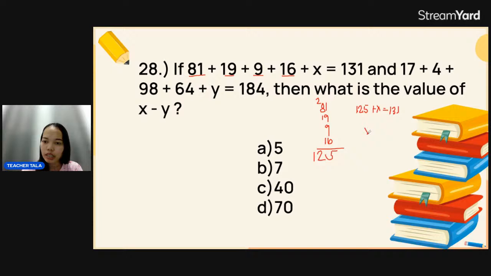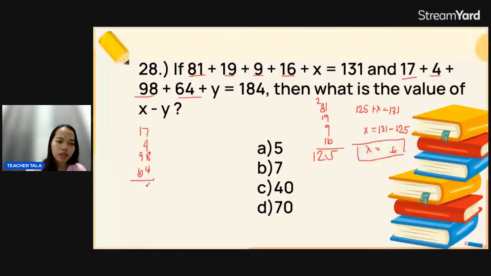Now let's get the y. Okay? So 17 plus 4, 98 plus 64. 17 plus 4 plus 98. 7 plus 4, 11, 19. 10, 16 plus 2, 18. 183. So, 183 plus y is 184.